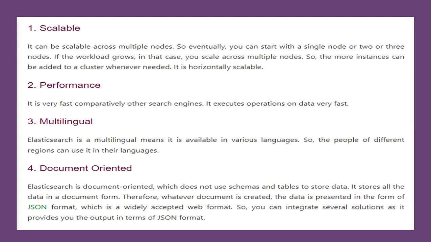Third is multilingual. Elasticsearch is multilingual, meaning it is available in various languages, so people of different regions can use it in their language. Fourth is document oriented. Elasticsearch is document oriented, which does not use schemas and tables to store data. It stores all the data in document form. Therefore, whatever document is created, the data is presented in JSON format, which is a widely accepted web format. So you can integrate it with multiple things.